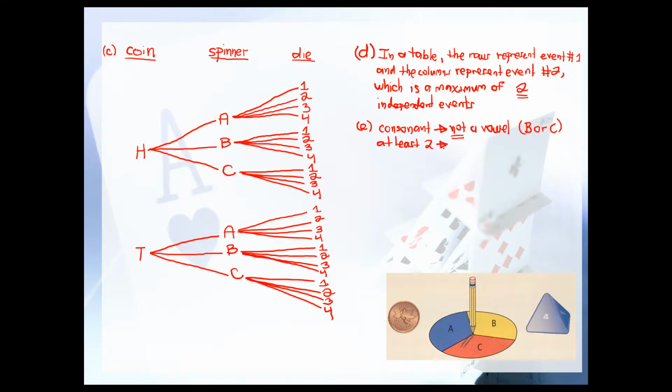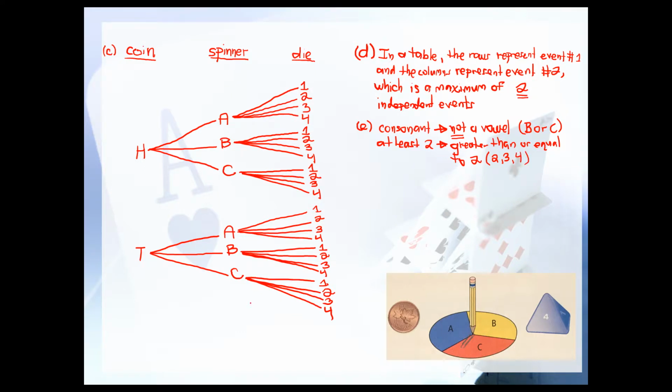Again, if you have that language, it says at least 2. At least 2 means that's the lowest number that is acceptable. So that could be greater than or equal to 2. So which numbers on the die would be acceptable? Rolling a 2, rolling a 3, or rolling a 4.